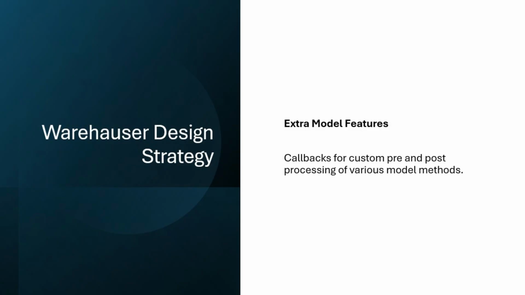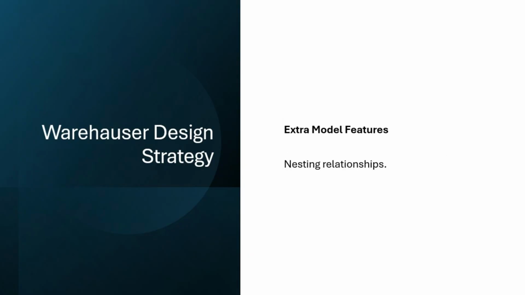Both definition and instance models provide a callback feature that allows you to define custom code for pre- and post-processing of various methods without needing to override the model classes. Instance models have a parent-child relationship to allow for nesting or containing objects of their own model kind. So warehouses may nest in other warehouses, products in other products, and events in other events.